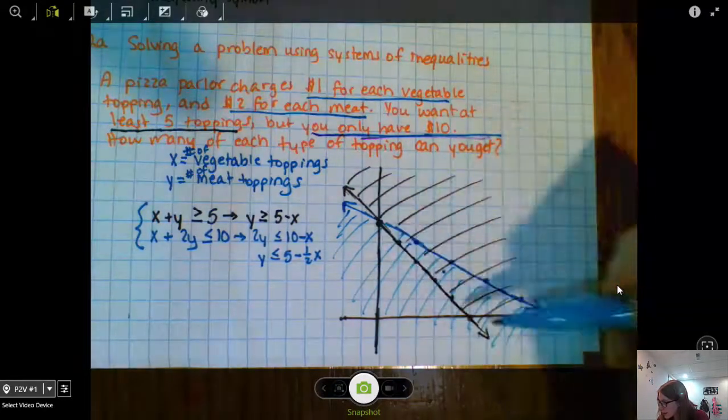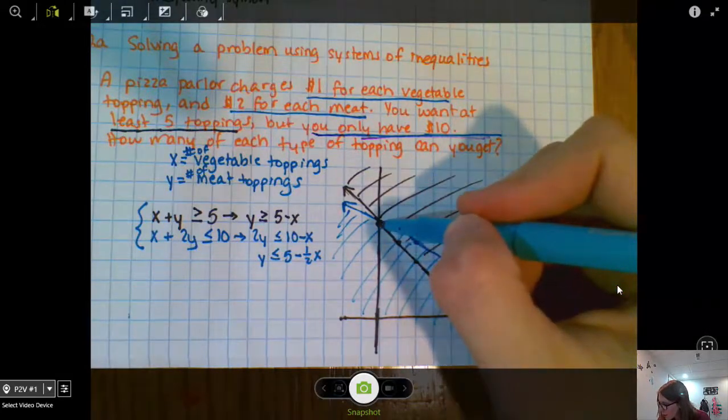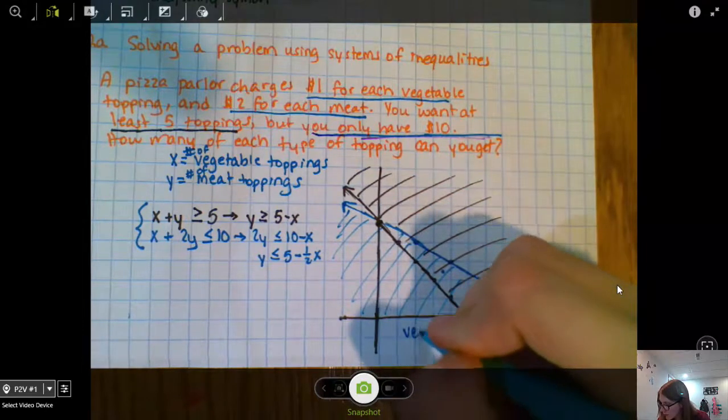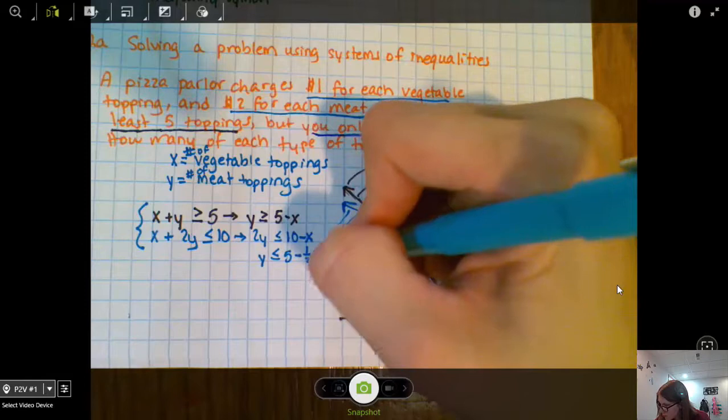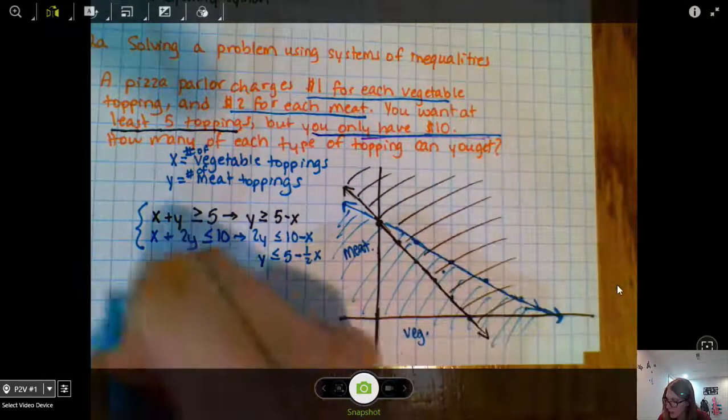Okay. But in this double shaded region, let's see, x is my vegetable toppings. I could have 0 vegetable and 5 meat.